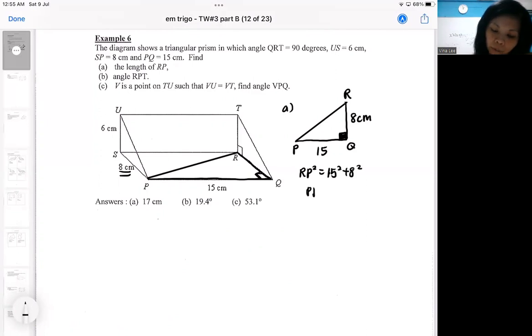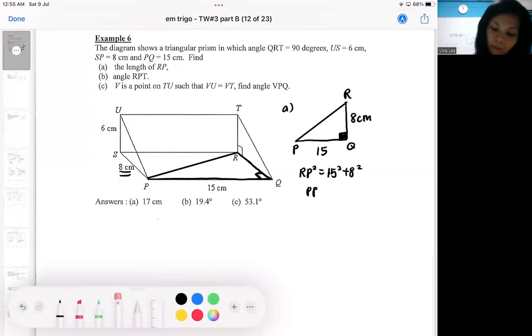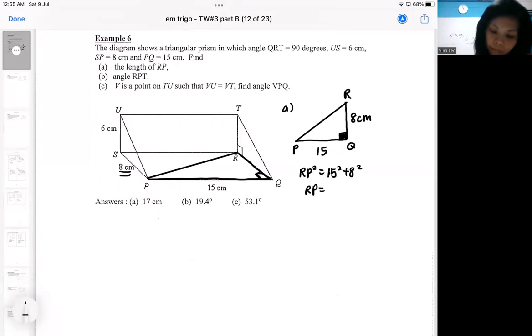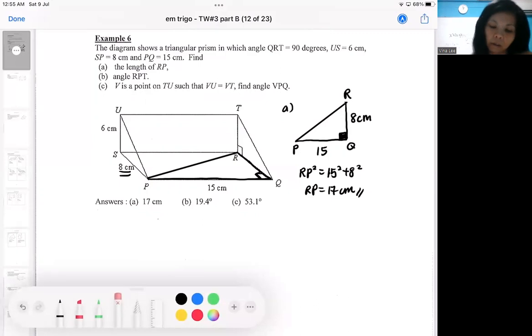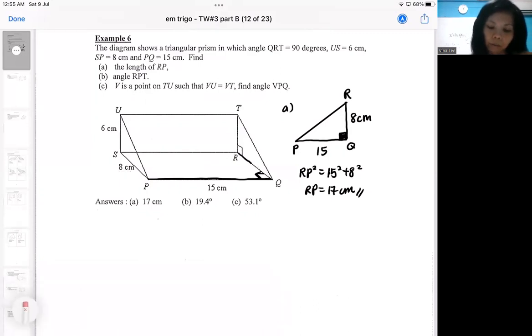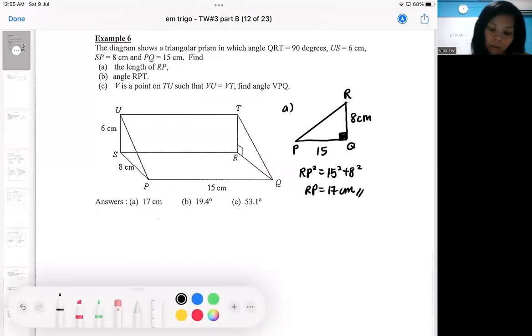So I'm sure you can get it quite easily. So you will get a 17. So the next one, it will be advisable if you erase it off. But sometimes if you've got too many lines, it's actually very confusing. So try to do it in pencil.